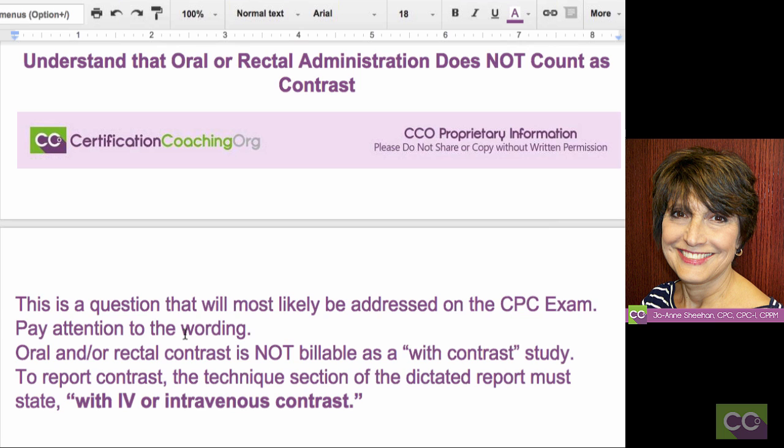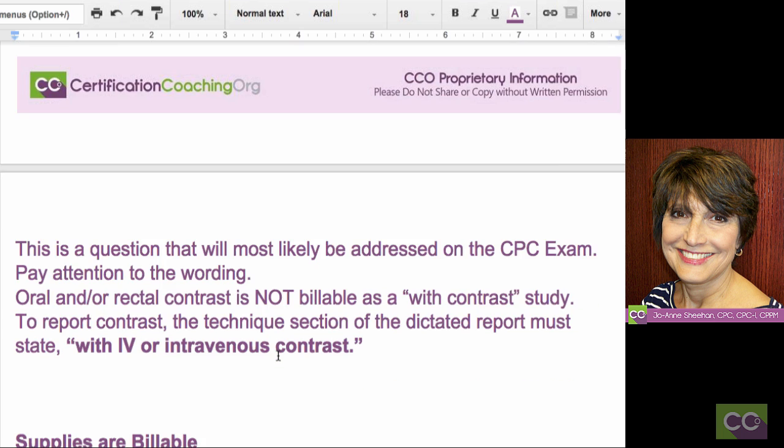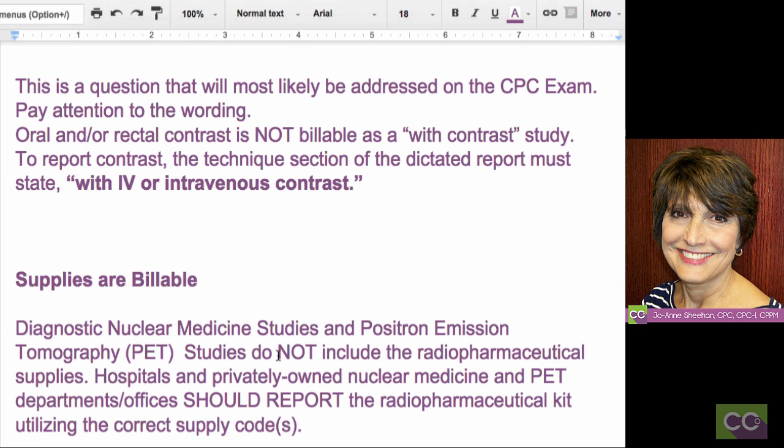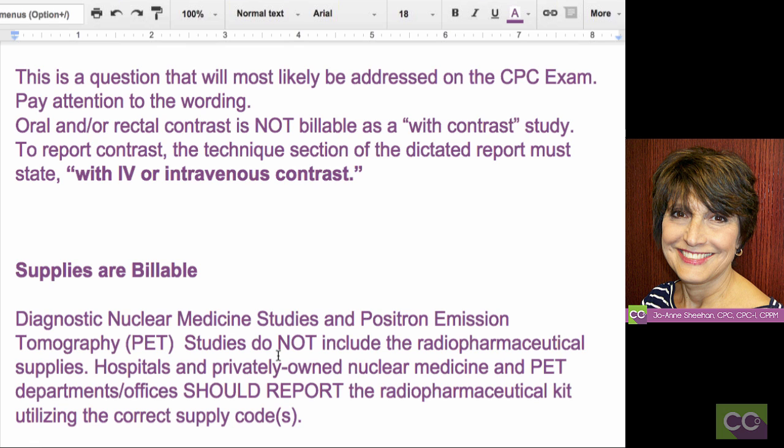So you want to pay attention to the wording. Oral or rectal contrast is not billable as a with contrast study. So to report contrast, the technique section of the dictated report must state with IV or intravenous contrast. So that's really important, because I see that question pop up a lot about CAT scans and oral ingestion of whatever, and people get it wrong all the time.